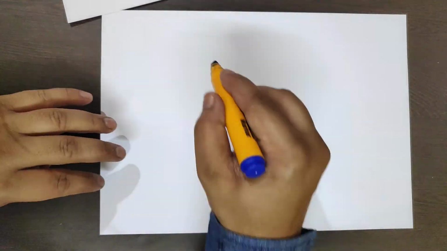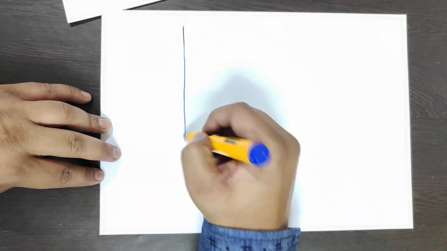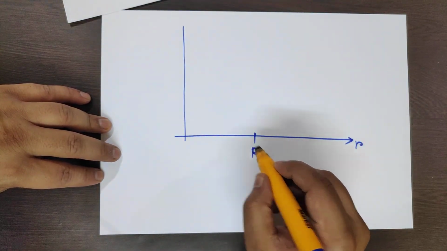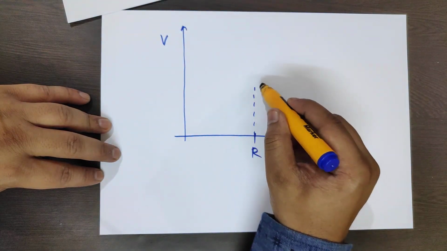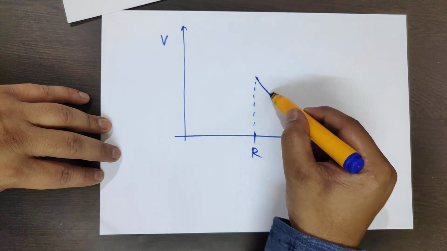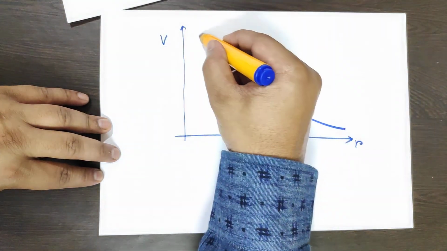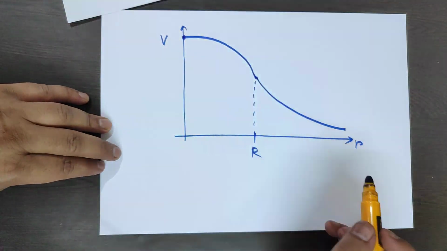So if you draw the graph of field, potential versus r, it will be like this. This is a rectangular hyperbola and this is a parabola, and this parabola becomes flat here.